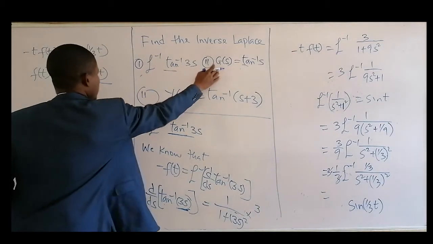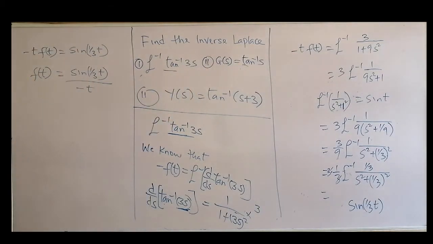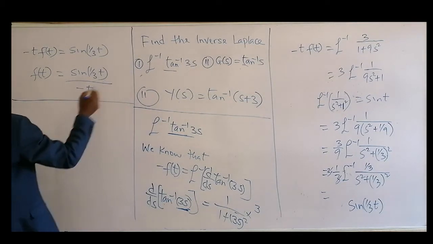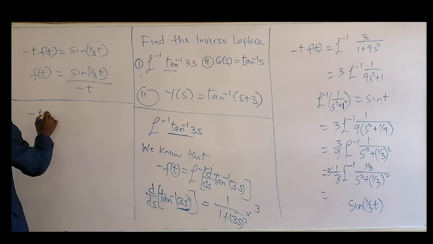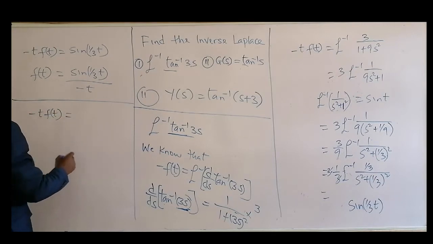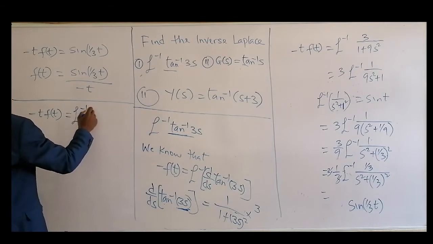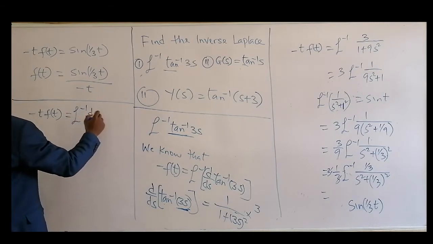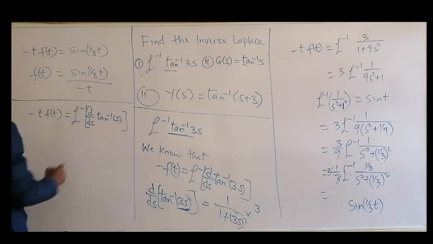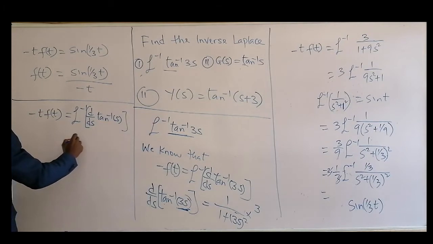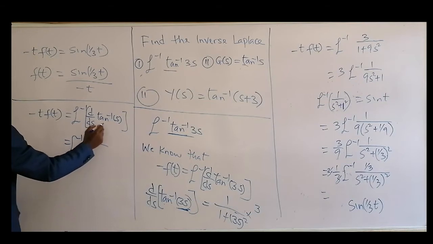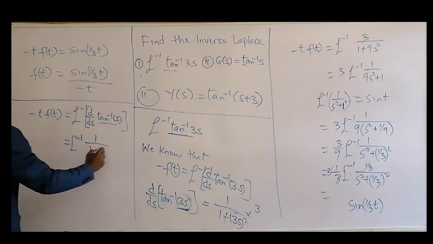For the second one, that will be equal to minus t f of t equal to the inverse of d/dx of arctan x. And that will give us the inverse of 1 over 1 plus s squared, since the derivative of arctangent is 1 over 1 plus s squared.